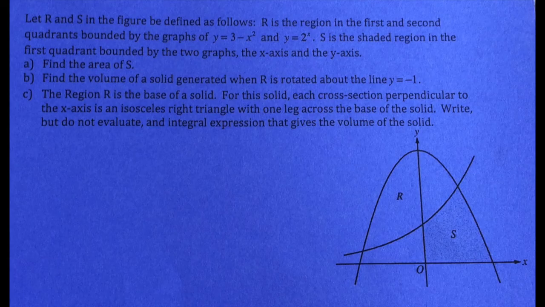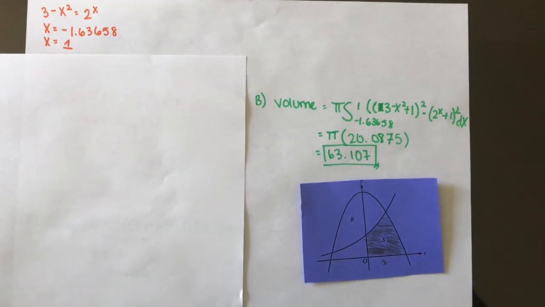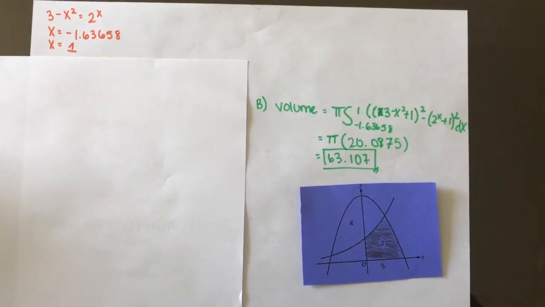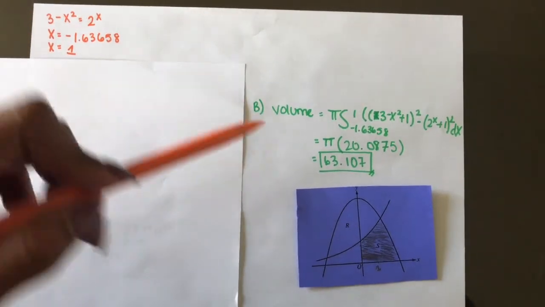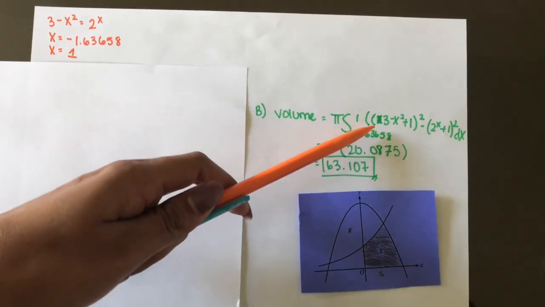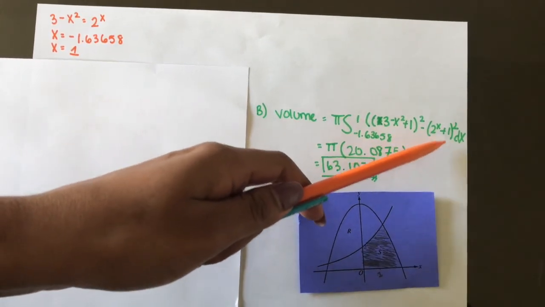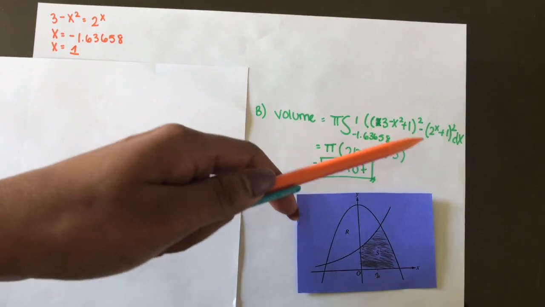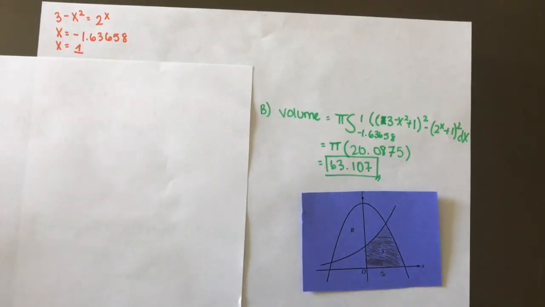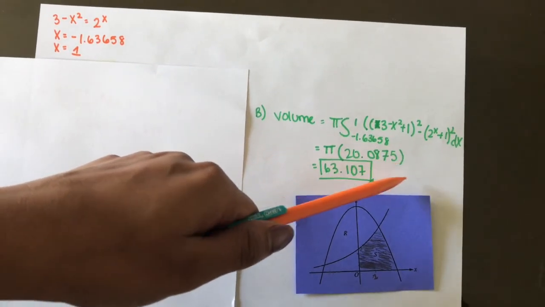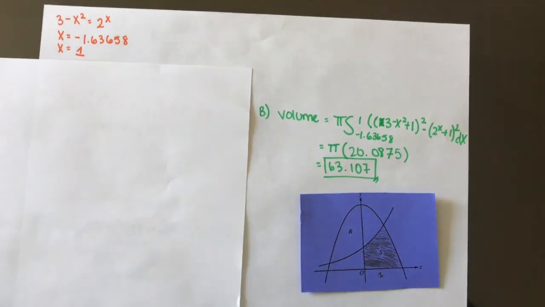Find the volume of the solid generated when R is rotated about the line y equals -1. So for part B, in order to find the volume when R is rotated about the line y equals -1, you have to do this equation where you subtract the first one, 3 minus x squared, from 2 to the x, but you add 1 to both equations, and that comes to pi times 20.0875, and it comes to 63.107.